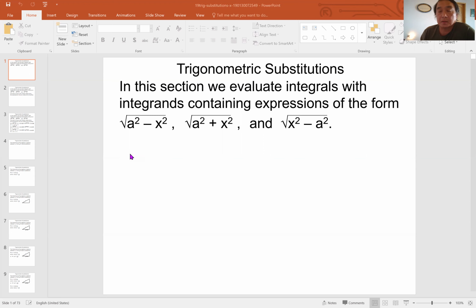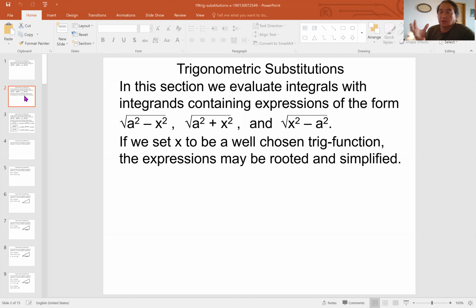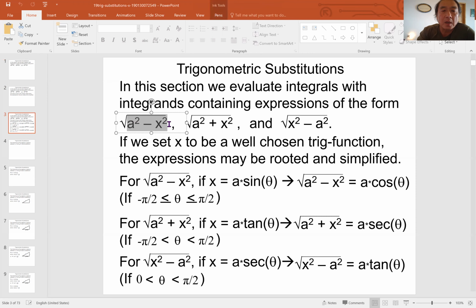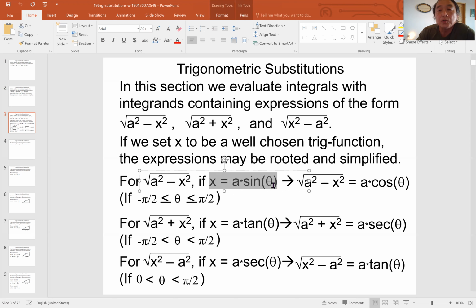Okay, so that means we're going to do trig substitution, meaning that we're going to set x to be a trig function. I know it's kind of uncomfortable. So x, why do I make it into a trig function? Well, that's what a trig substitution is. So these are the trig substitutions. If I cleverly set x to be this trigonometric function, a times sine, then the things can come out of the square root.